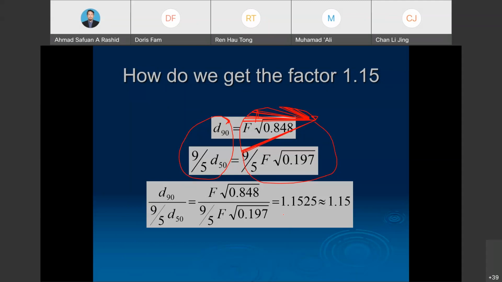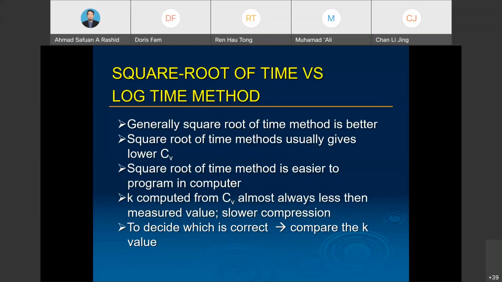Okay. So that is the idea why they multiply with 1.15 to extend the normal tangent line to the new tangent line or new extension line.